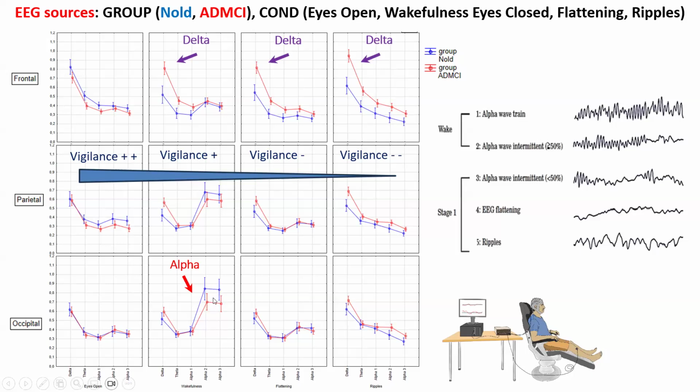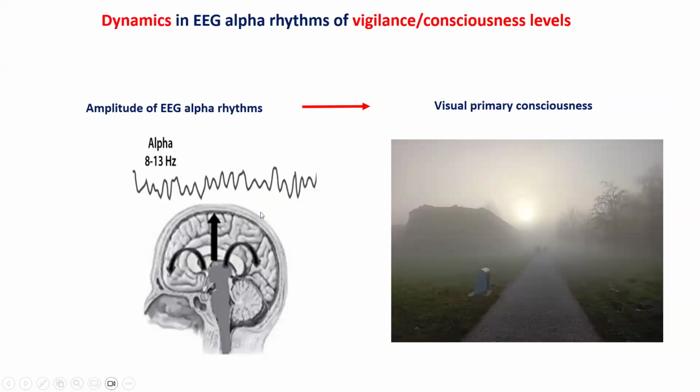You see here. So this EEG biomarker can also be used to probe the dysfunction in the vigilance regulation in Alzheimer's disease patients with mild cognitive impairment.